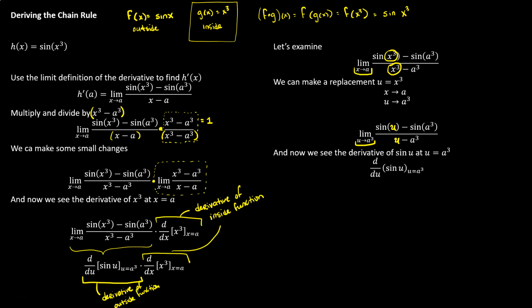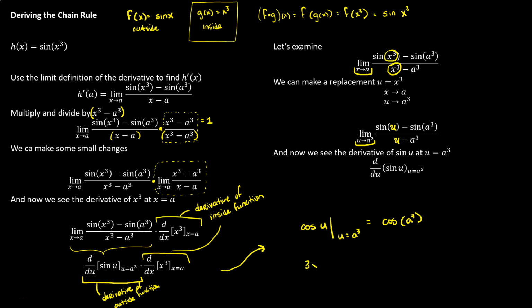We can continue with our derivative. We know the derivative of sine is cosine, so the derivative of sine u is cosine u, and then we need to evaluate that at u equals a cubed. That would look like cosine of a cubed. And then we also need to do the derivative of x cubed.